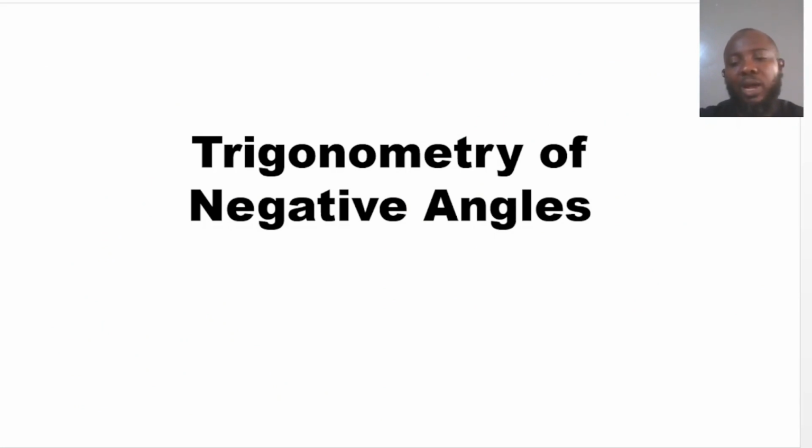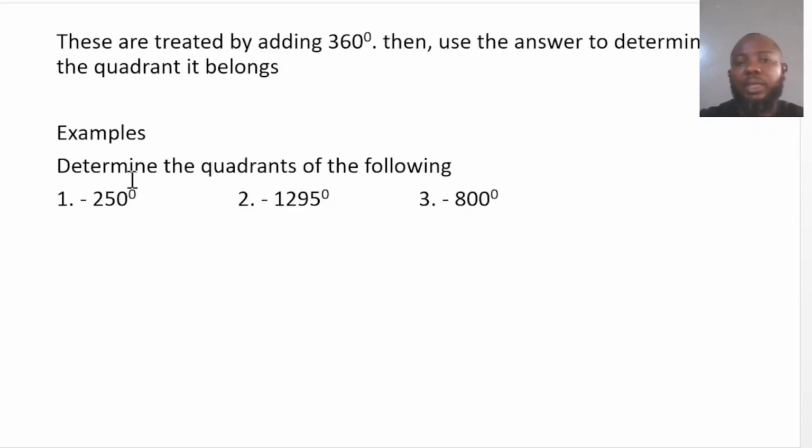When you have negative angles, they are treated by adding 360 to the negative, then using the answer to determine the quadrant it belongs to. So we are going to use multiples of 360. If the angle is even greater than 360, use multiples of 360 degrees and add it to the angle.